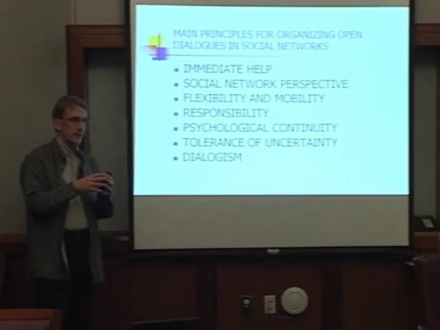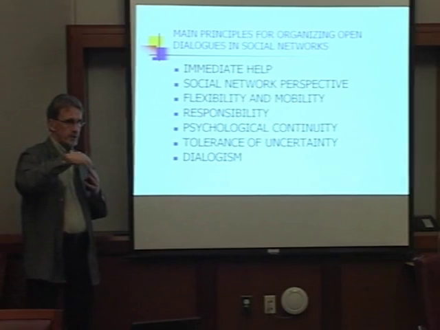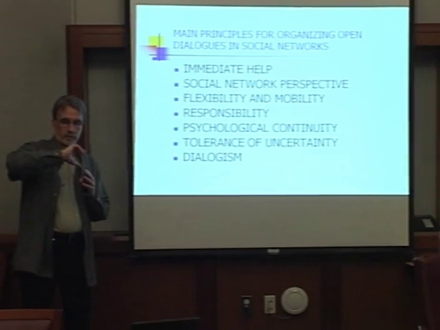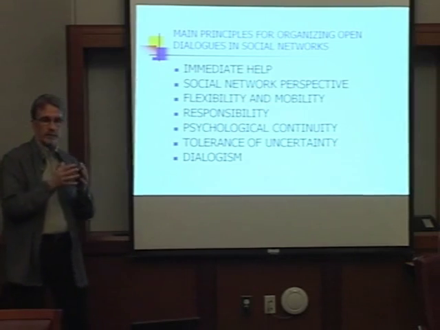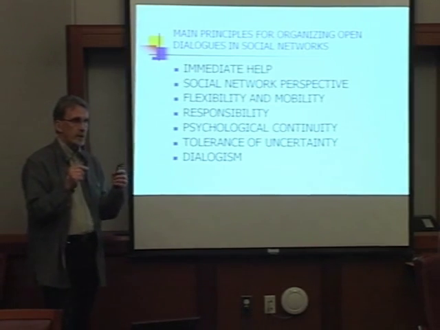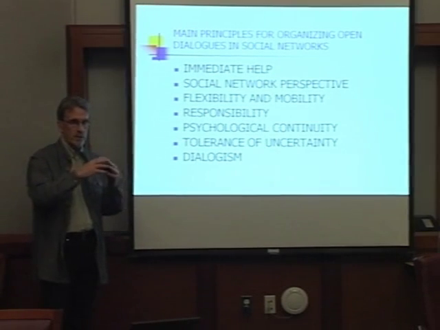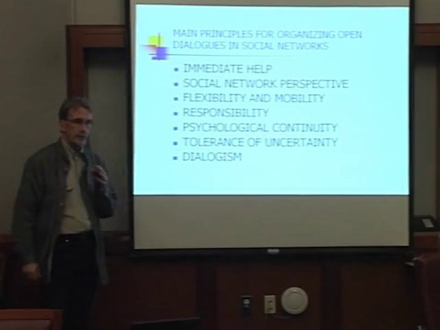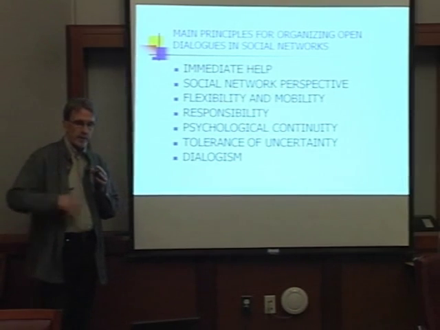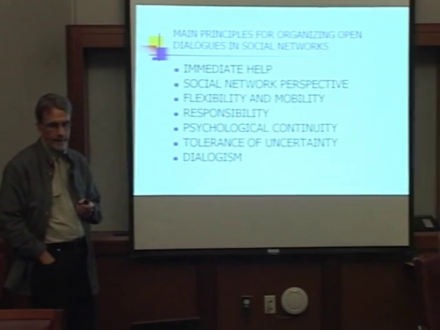The optimal treatment should guarantee immediate help, to have the first meeting within 24 hours after the contact has been made in the psychiatric system. Secondly, the optimal treatment should always, as a first thing, include the social network of the client into joint meetings and include the network the entire treatment period, that we call social network perspective.